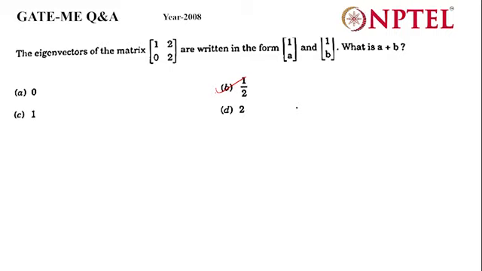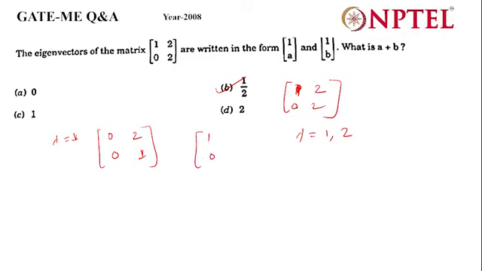Okay, we'll go very quickly for this question also. So this is your matrix. If you solve, you will get two eigenvalues, lambda equals 1 and 2. Then for lambda equals 1, your matrix will be 0, 2, 0, 1. If you calculate this, your eigenvector will come as 1 and 0.